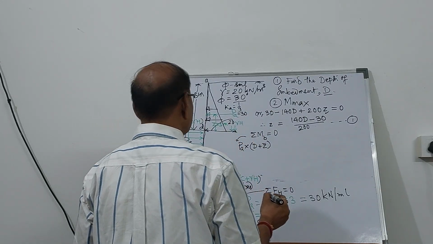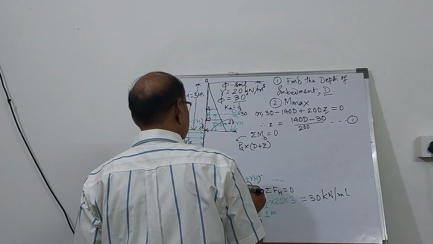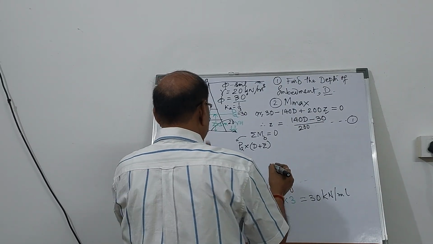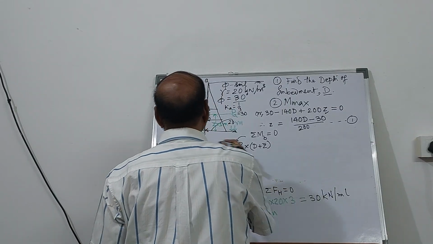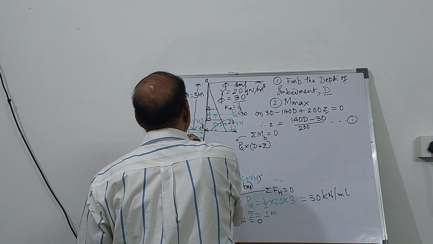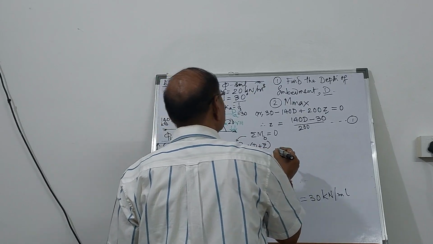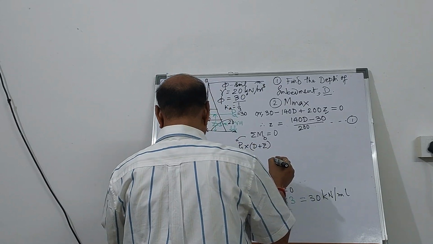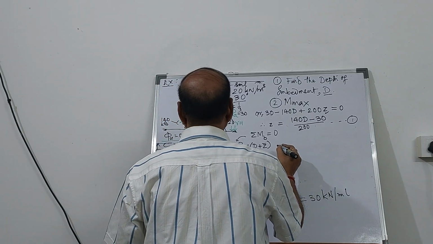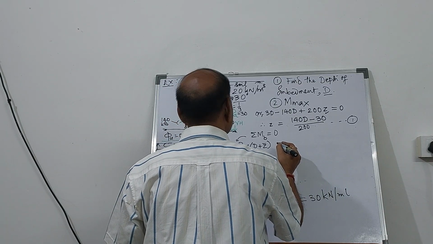So this PA into D plus Z bar, and then this force, you can find it out. This force was already known to you as 140D.